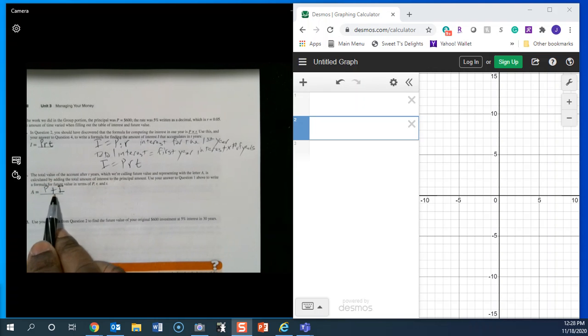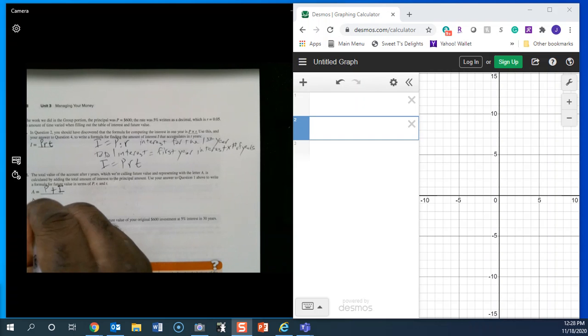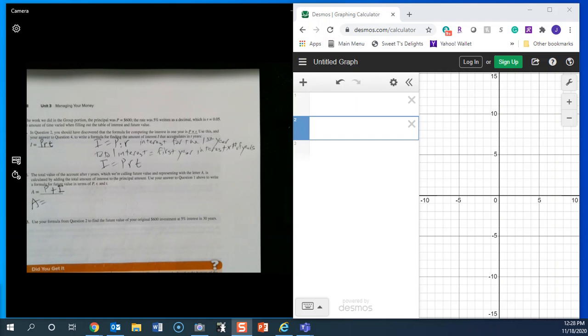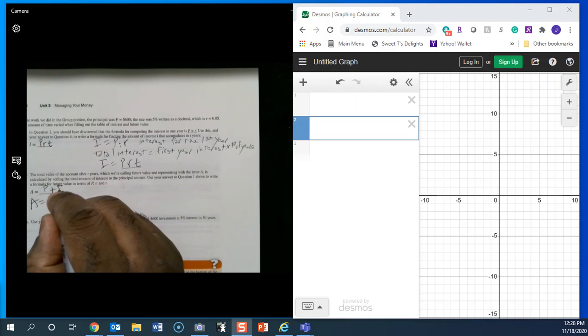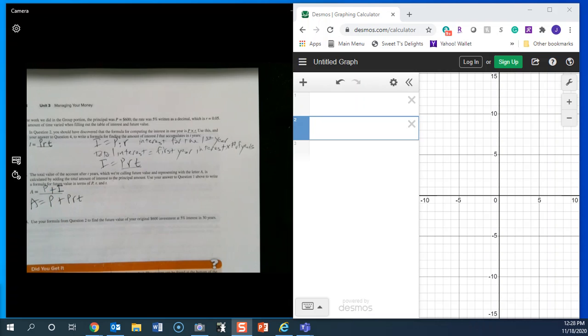That's what the future value is. But they want us to rewrite this. Now we know interest is equal to principal times rate times time. So we're going to change this interest to principal times rate times time. So far the problem is the same.